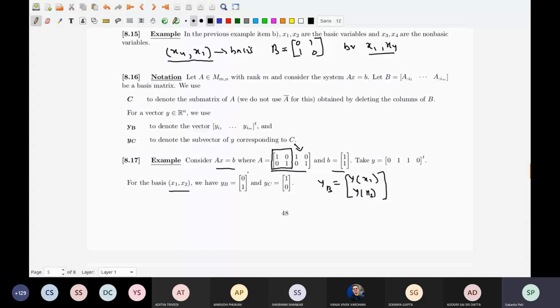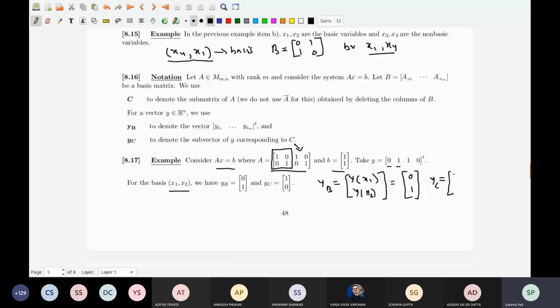So yB is equal to 0 1, that is the first element, the second element, and then yC is the corresponding subvector of y corresponding to capital C. Capital C is the remaining part, in that order itself, so it will be 1 0.